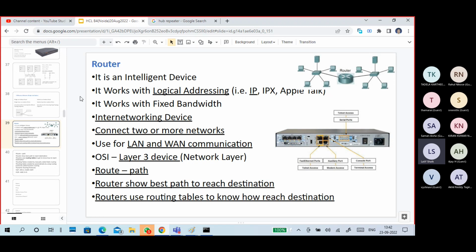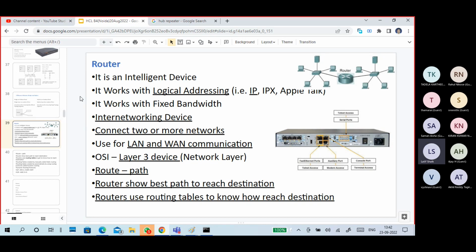It is used for both LAN and WAN communication. A router acts like a default gateway for a local LAN to outside. When you are communicating from your LAN network to outside, the router acts like a default gateway.